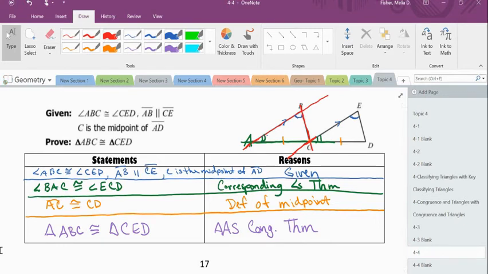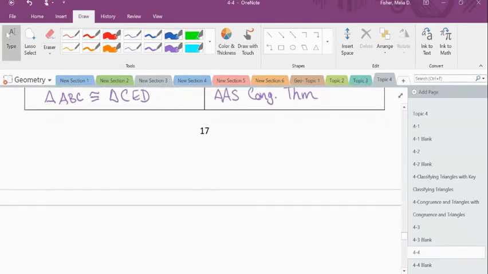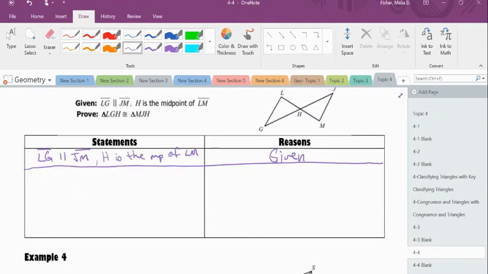Go ahead and pause your video and do the try it at the top of the next page. Come back to check your answers. While your video was paused, you should have been able to at least fill out the given information and mark it on your diagram. So LG was parallel to JM, and H is the midpoint of LM.